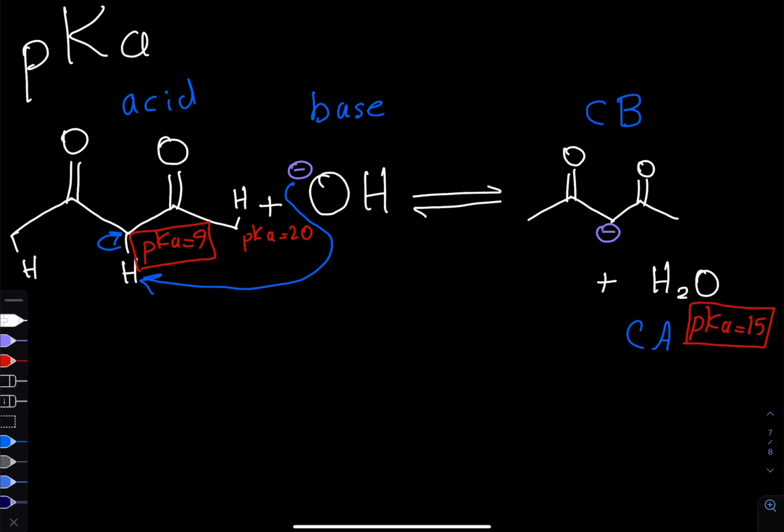The higher pKa value acid is more stable than the lower pKa value acid, and the conjugate base of this acid that has a pKa of 9 is more stable than the conjugate base of the acid that has a pKa of 15. So it's always going to go toward the higher pKa acid. So this process would have an equilibrium arrow that looks like this. We're going more toward the right side than we are toward the left side. So this is a product favored reaction.